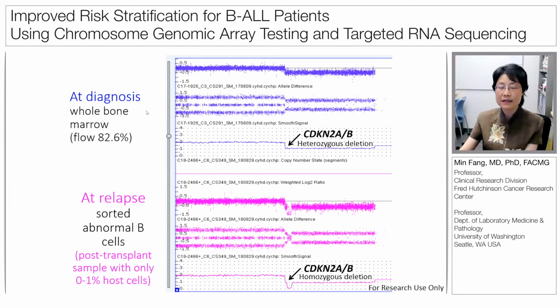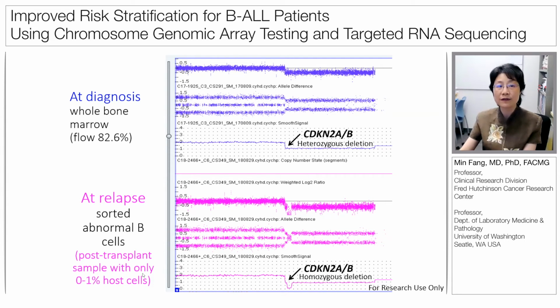In this example, this patient at diagnosis showed flow-positive abnormal cells in 82.6% of the bone marrow cells. So we didn't need to enrich, and the patient showed a 9p deletion encompassing the CDKN2A and B locus. A year later, at relapse, the patient was already post-transplant, and the profile would have been very messy, with the chimerism study showing only 0 to 1% host cells.